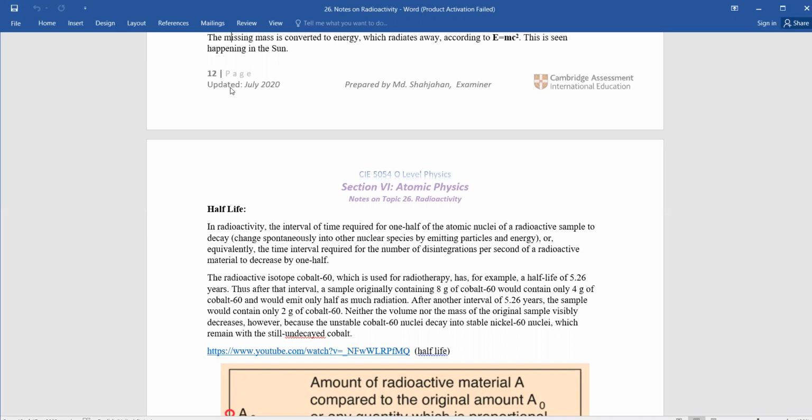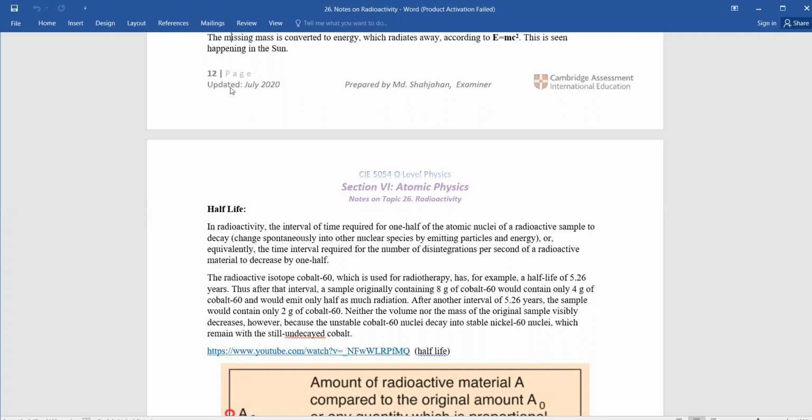So this emission is called disintegrations. Emission of alpha, beta, and gamma radiation, alpha, beta particle, and gamma radiation, this is called disintegrations per second.